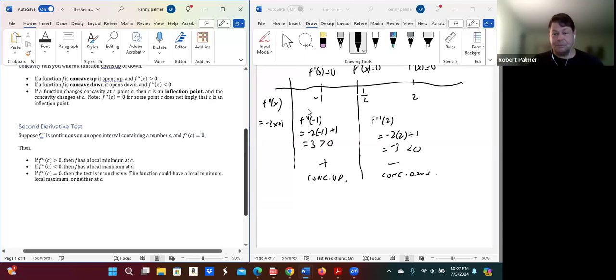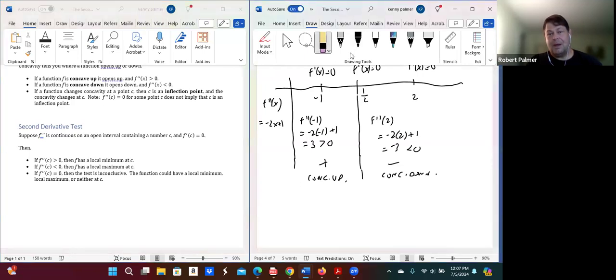Well, at x equals -1, at that point, f prime of -1 is 0. It's a critical value. And f double prime of -1 is positive.